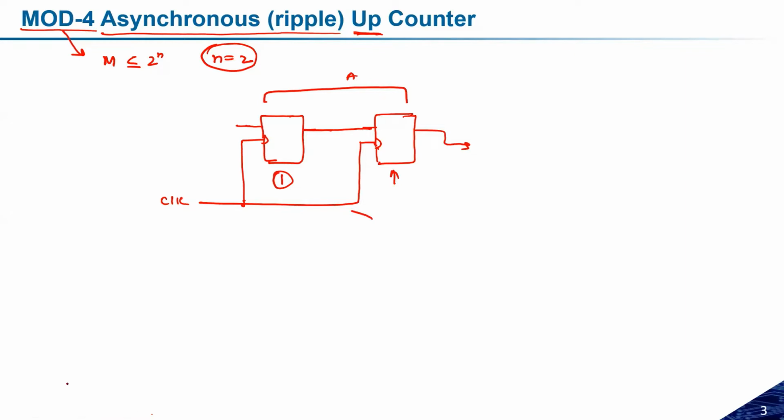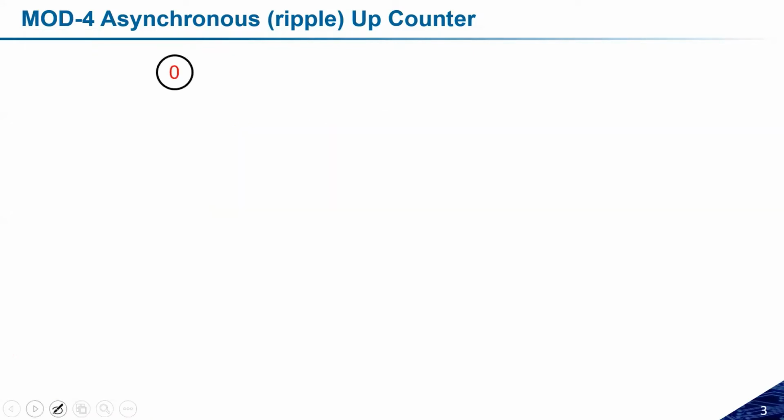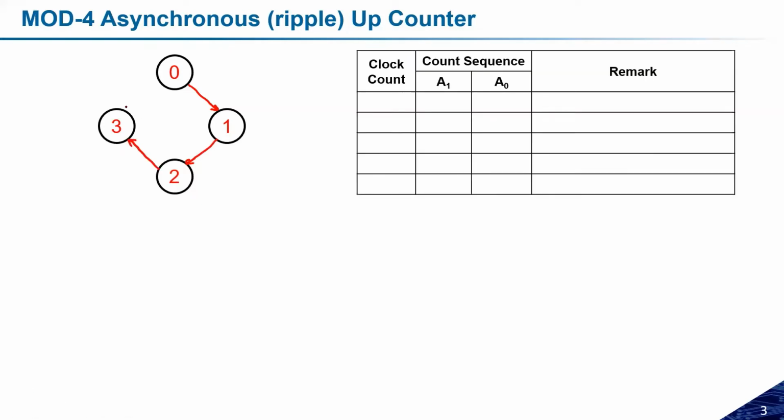Okay, so if you can see here, if I have to make a mod 4 counter, I need 2 flip-flops, total states will be 0 to 3, and this will be the arrangement. Let us try to make it properly. It will start from 0 because it is the up counter. It will go to 1, then it will go to 2, next state will be 3, and from the last state again it will come to 0.